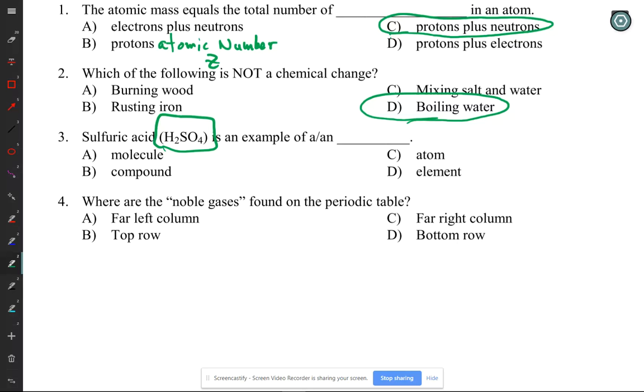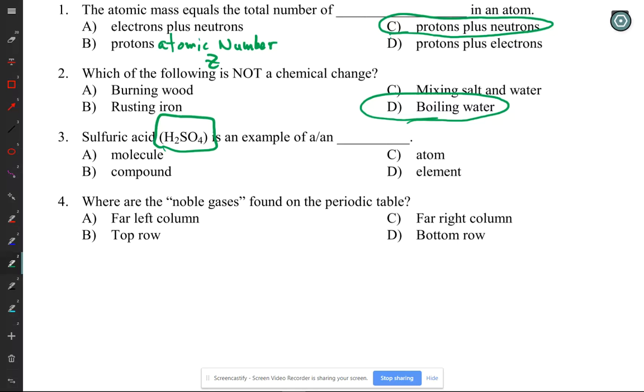So let's just make sure we know, what is a molecule? A molecule is a single unit of atom or atoms bound together. That's what I was looking for. H2SO4 actually would qualify as a molecule.